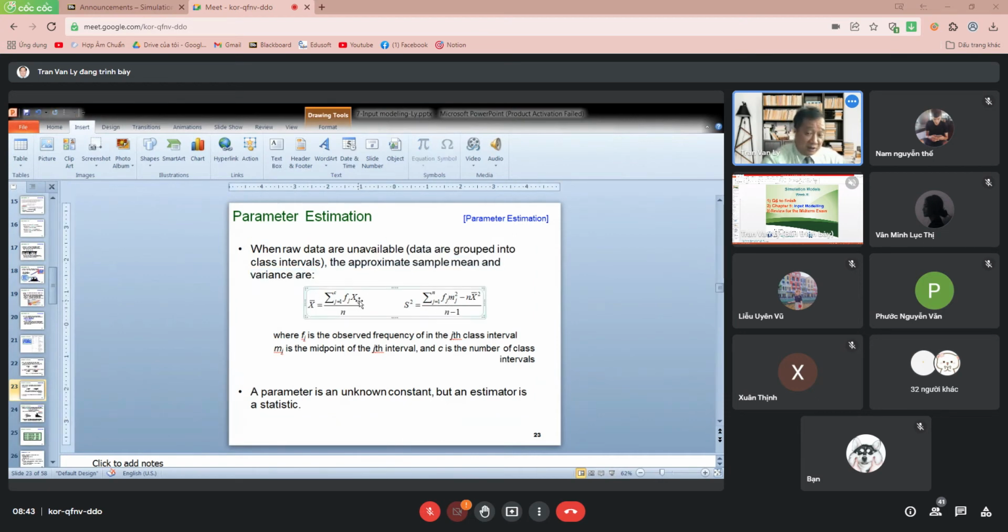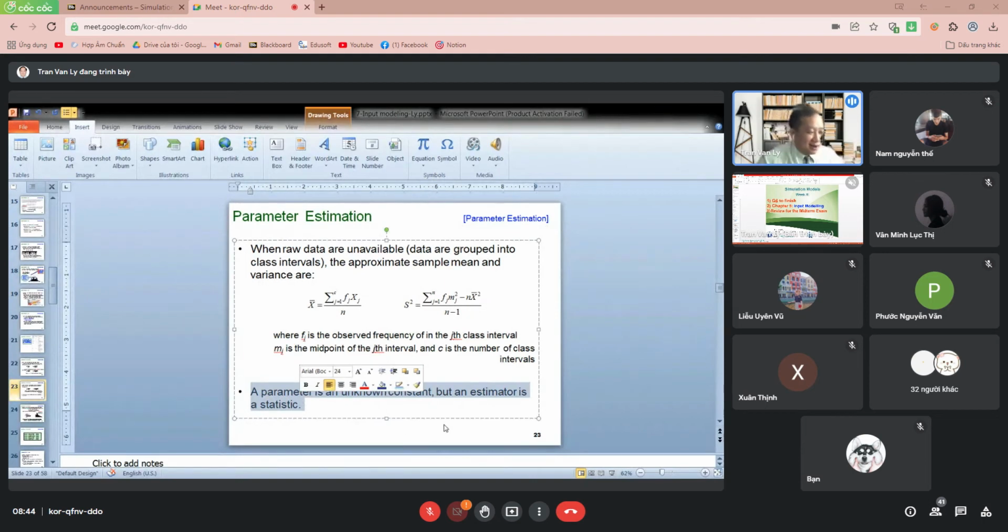This is the third formula we need to know in order to estimate the parameter. And you know that the parameter is an unknown constant. The parameter is constant, but when you estimate it, it is a statistic.